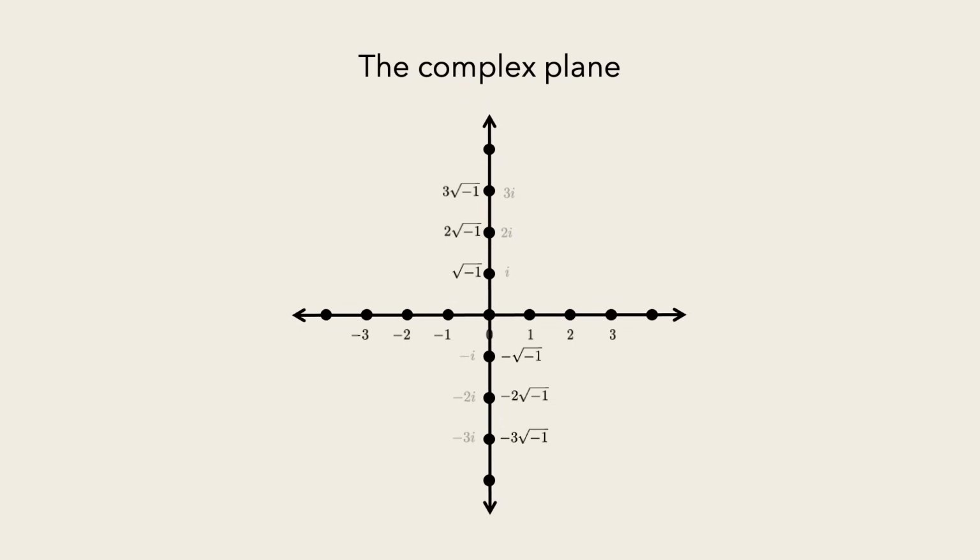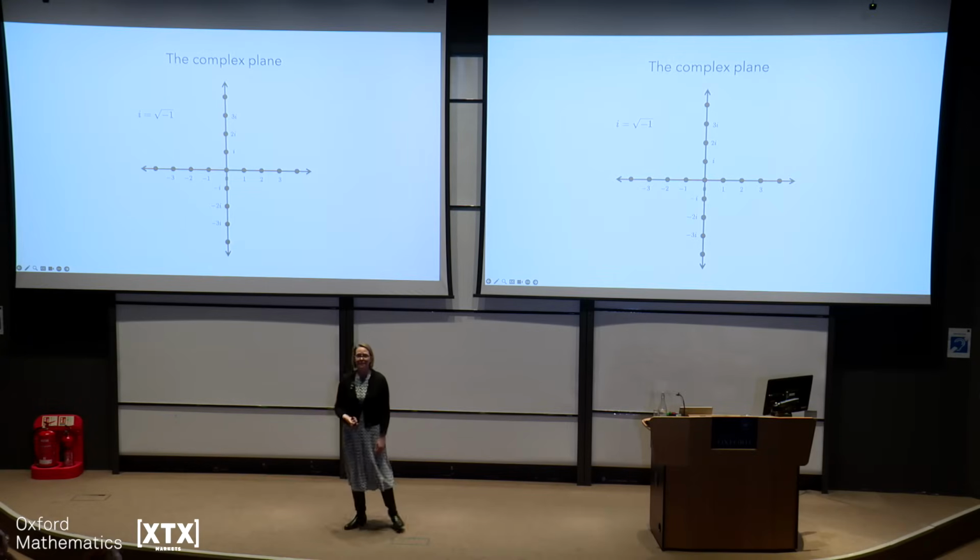So we take these 2 axes that appear when we do this, and we keep the horizontal axis as the number line that we're used to, but we have a copy of it that's indexed by multiples of i now, instead of just multiples of 1.